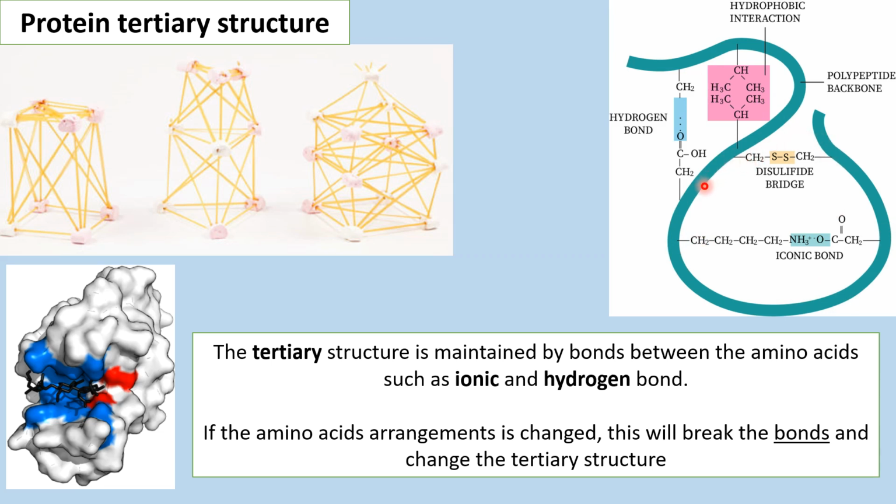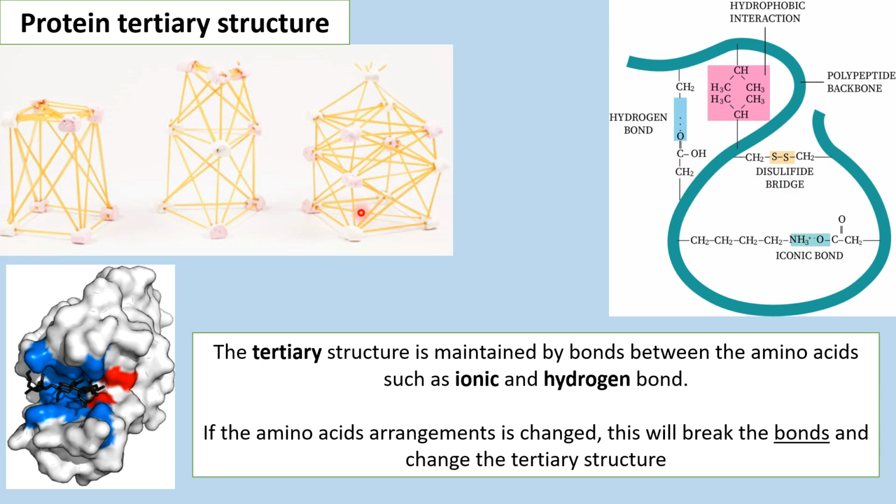So proteins are made out of amino acids. So we are thinking of amino acids as our marshmallows. But there are bonds between the amino acids, and these are not physical bonds, such as ionic bonds, disulfide bonds, hydrogen bonds, and these are the bonds that make that unique shape.